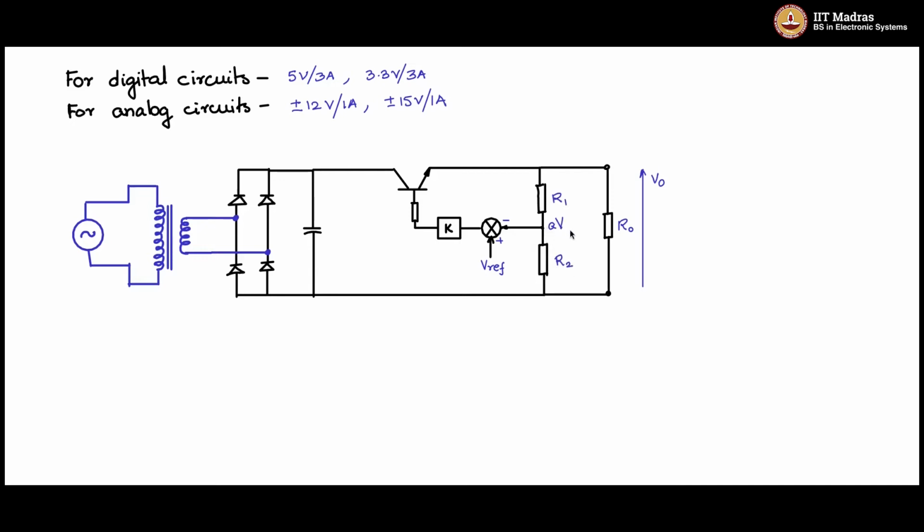This will be A V0, an attenuated value of V0, where A is R2 divided by R1 plus R2. So this will be compared with the reference, and the error will be passed on through this gain block, which will drive this BJT accordingly, so that the drop across this BJT or the series pass element will get adjusted in such a way that V0 is kept constant.